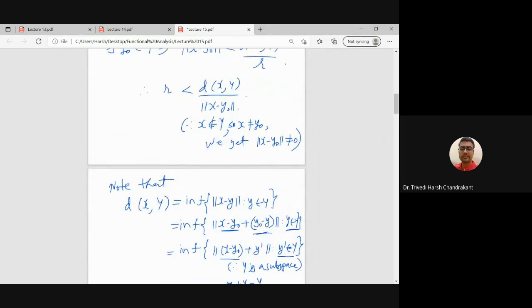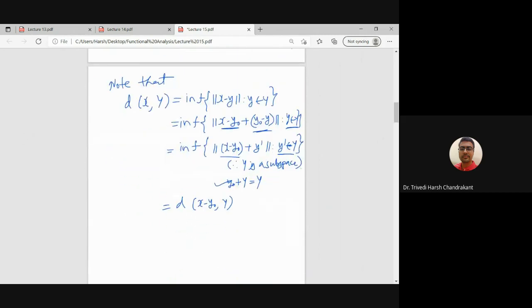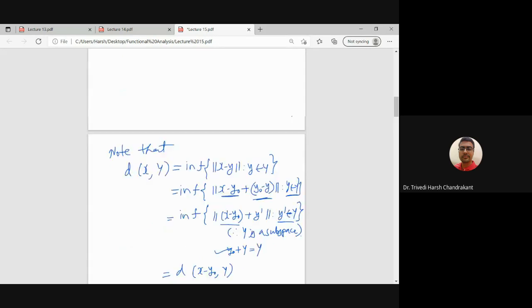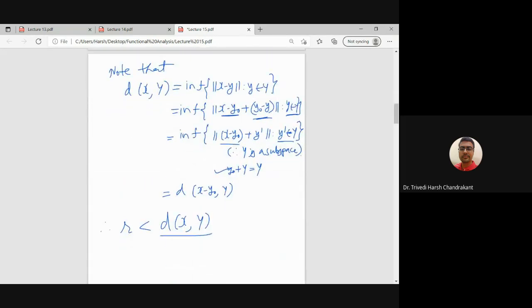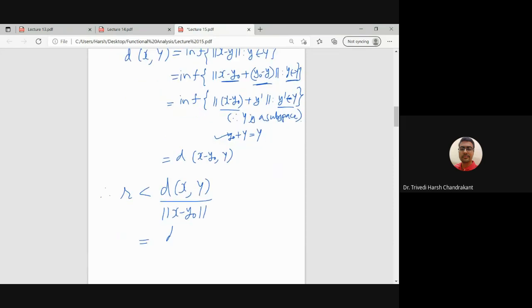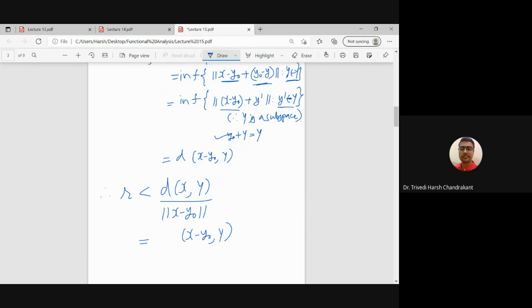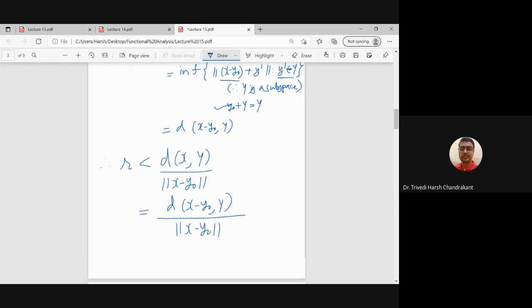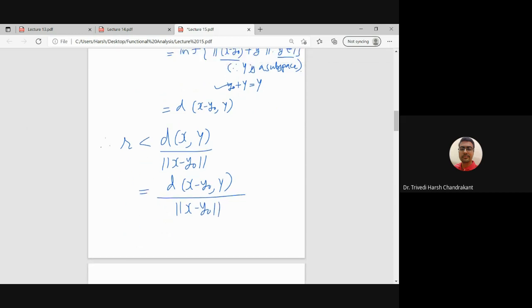So in this equation, if we replace that, then we get, therefore, r less than the distance of x with Y divided by the norm of x minus y naught, that is the same as the distance of x minus y naught with Y divided by the norm of x minus y naught. Now this is a scalar, this is a number, so we can take it inside the infimum.